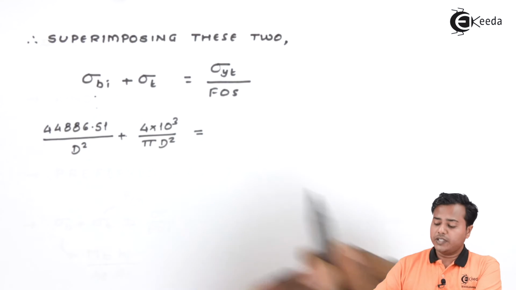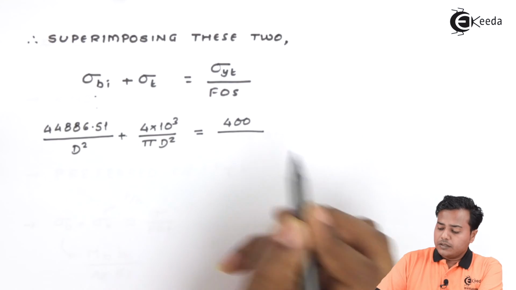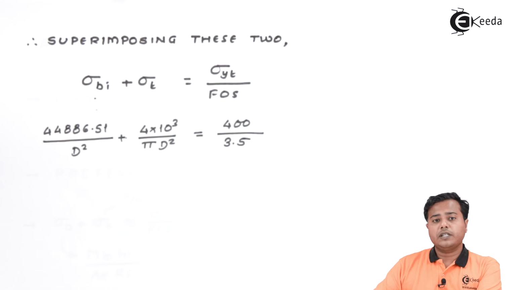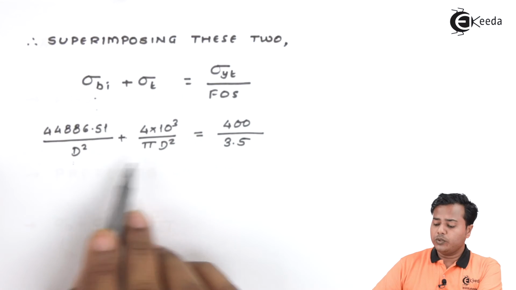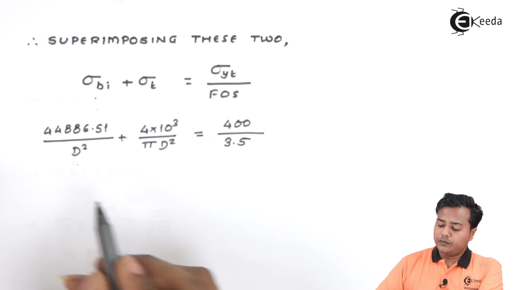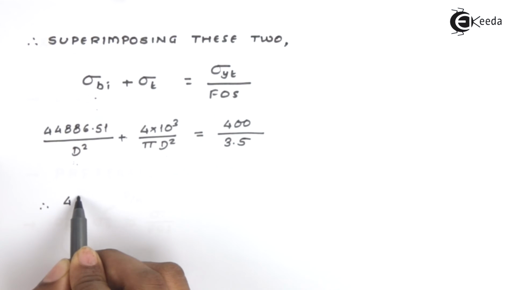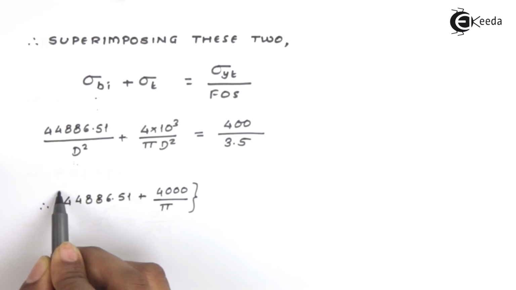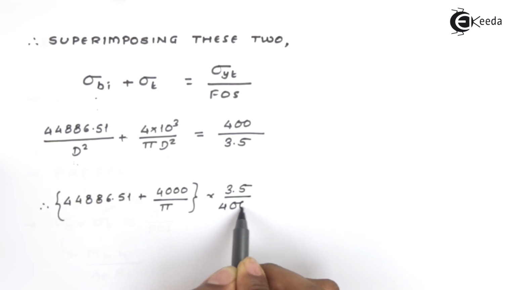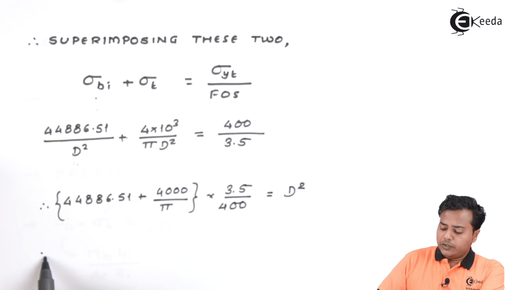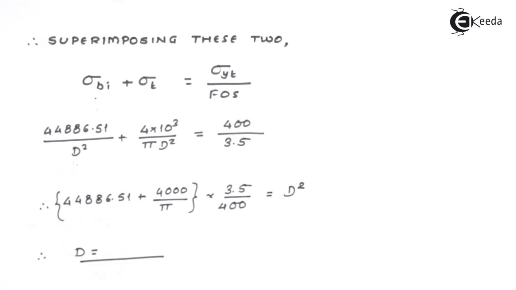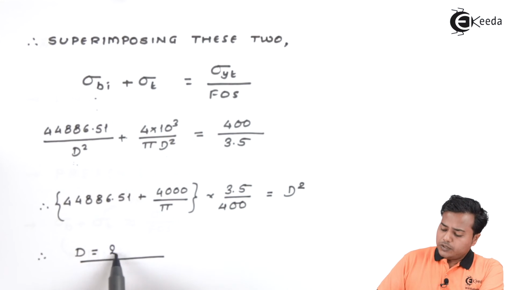Now we have been given the yield strength equal to 400, and the factor of safety associated is 3.5. If you observe very carefully, the only unknown that we have here is d square, and therefore taking it common we will get, and therefore evaluating this expression we obtain the value of d equal to somewhere around 20.10 millimeter.